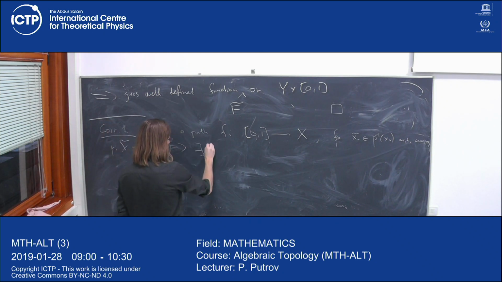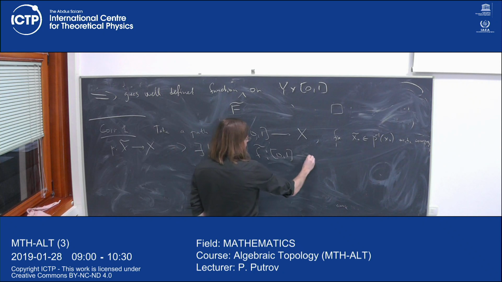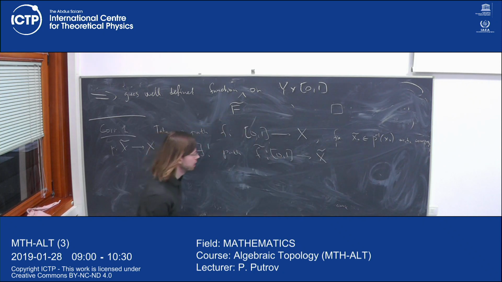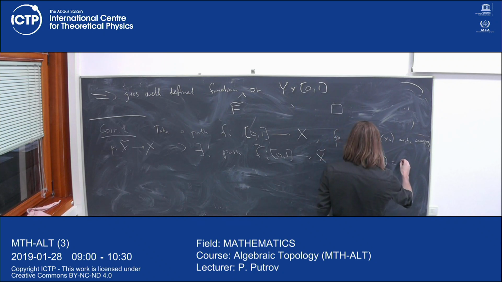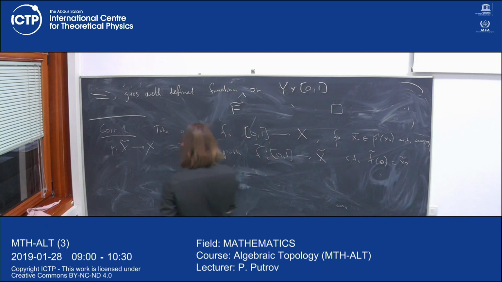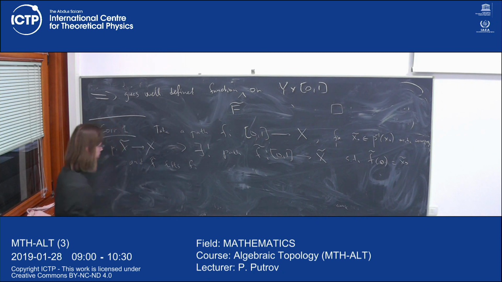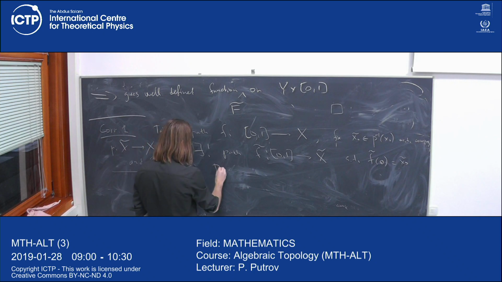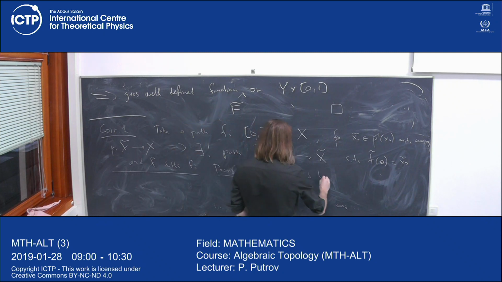Then there exists a unique path f tilde to x tilde such that its start point is x0 tilde and f tilde lifts f. Proof: take y to be just a single point in the proposition.